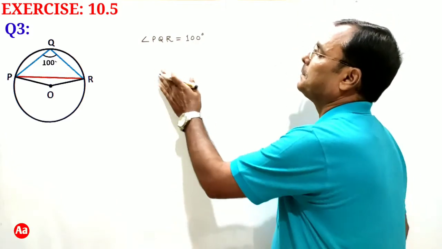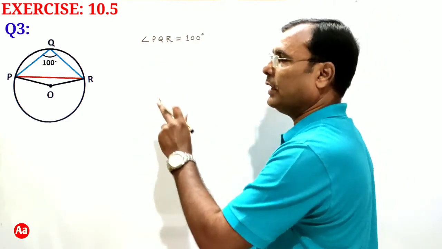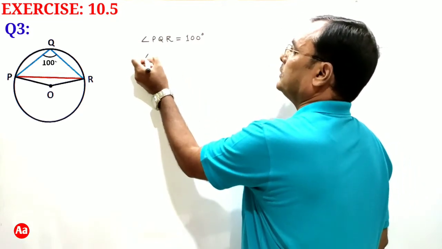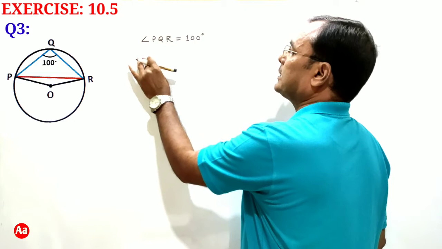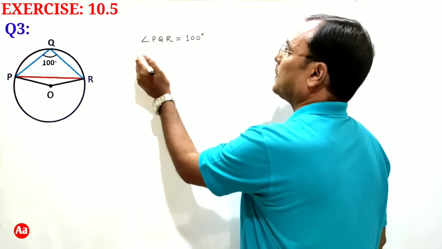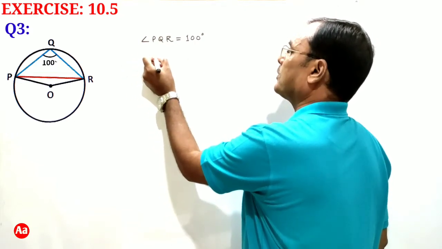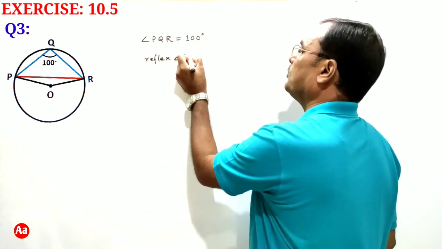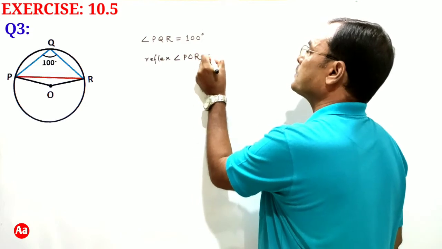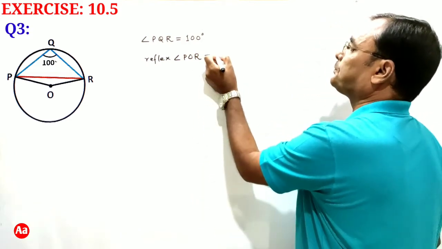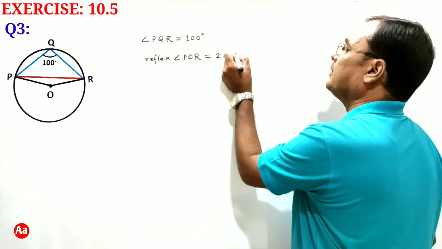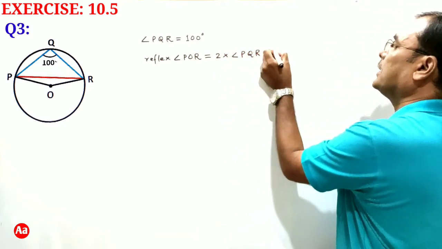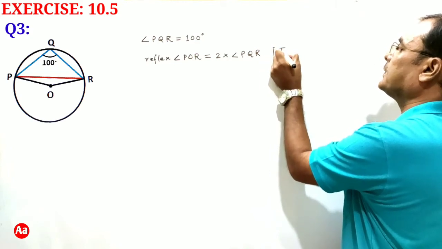So let us find reflex angle POR using theorem 10.8. So reflex angle POR is equal to twice of angle PQR. Reason: we can write theorem 10.8.